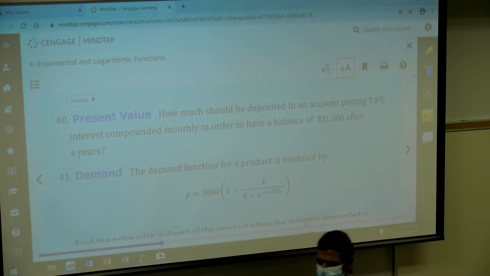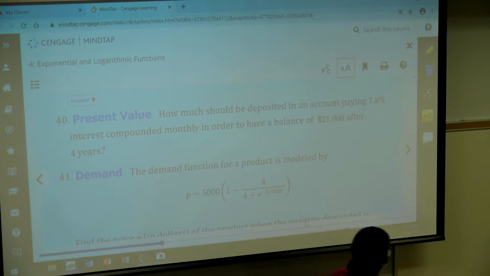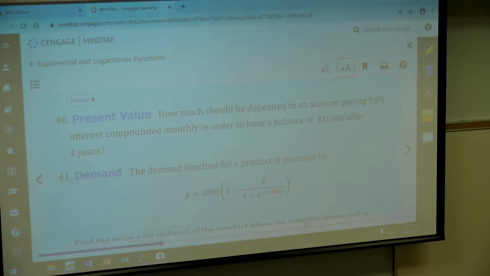logarithms. Well, we know the final amount. The final amount should be $21,000. The rate is 7.8%, which would mean 0.078. If it is monthly, how many times should you apply? 12.